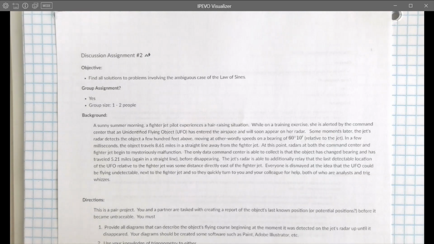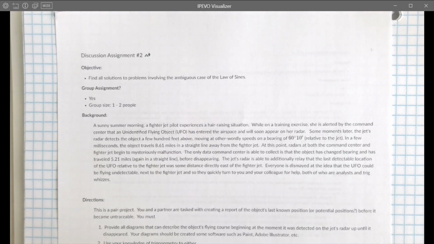At this point, radars at both the command center and fighter jet begin to mysteriously malfunction. The only data command center is able to collect is that the object has changed bearing and has traveled 5.21 miles again in a straight line before disappearing.